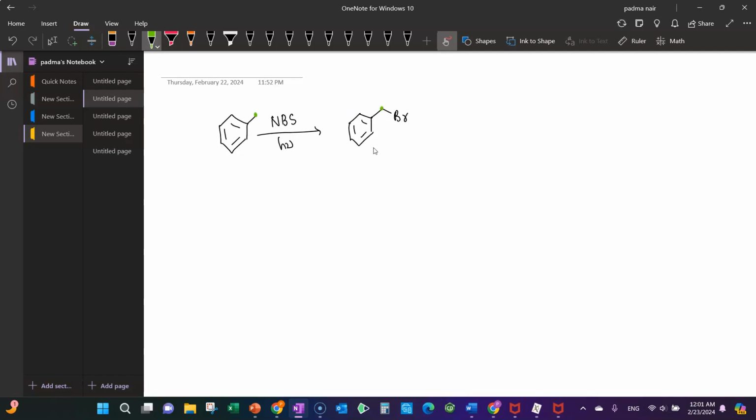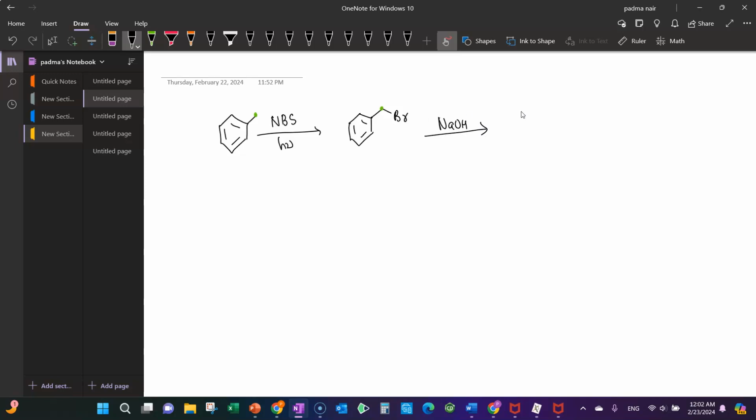This is also a very useful reaction because we know that alkyl halides can be converted into many other functional groups, which are extremely important. For example, you can do a nucleophilic substitution reaction where you treat this molecule with sodium hydroxide.